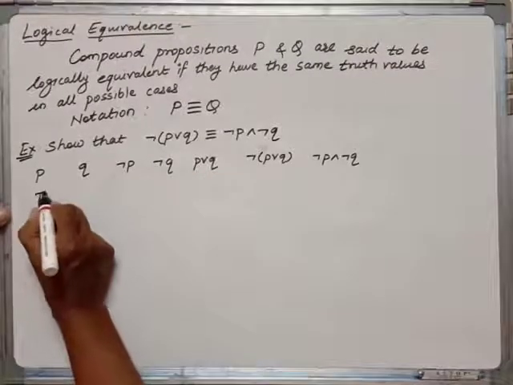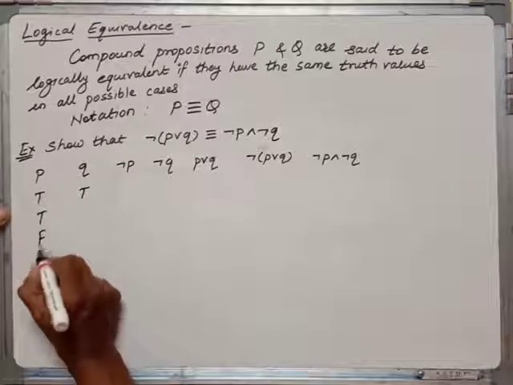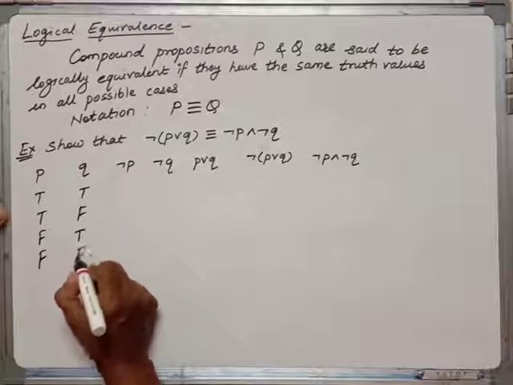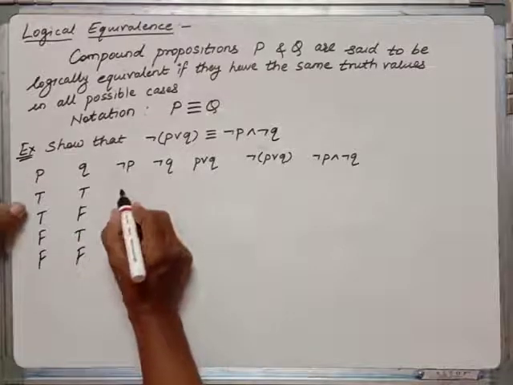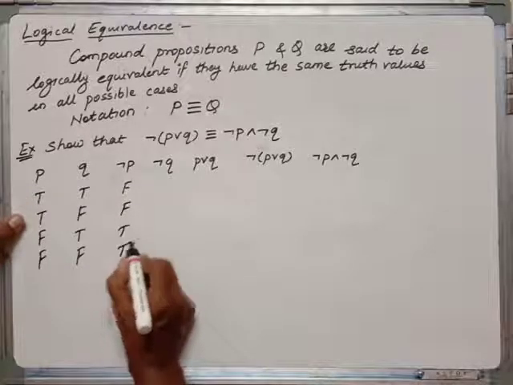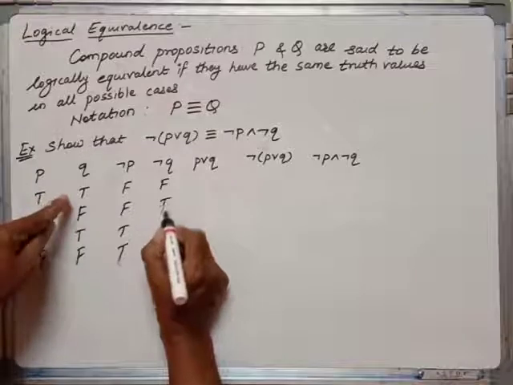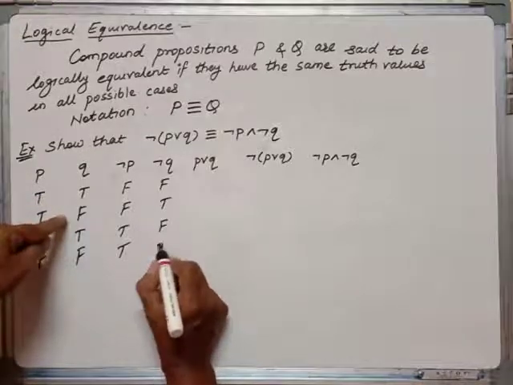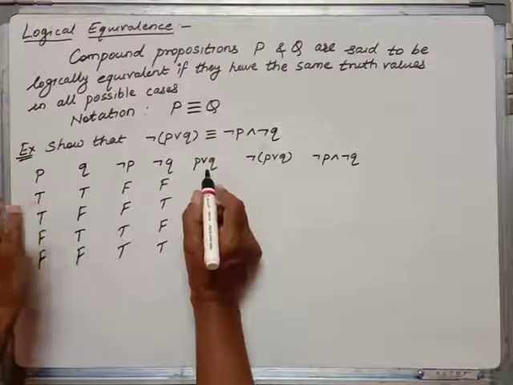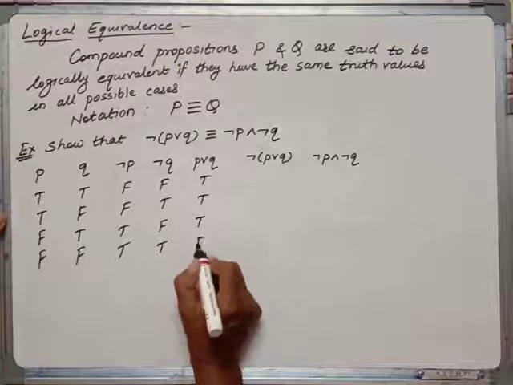Now P and Q have the possibilities true true, true false, false true, false false. Negation P will be false, false, true, true. Negation Q will be false, true, false, true. Now P or Q, if any one of them is true, then it is true. So true, true, true, and here it is false.